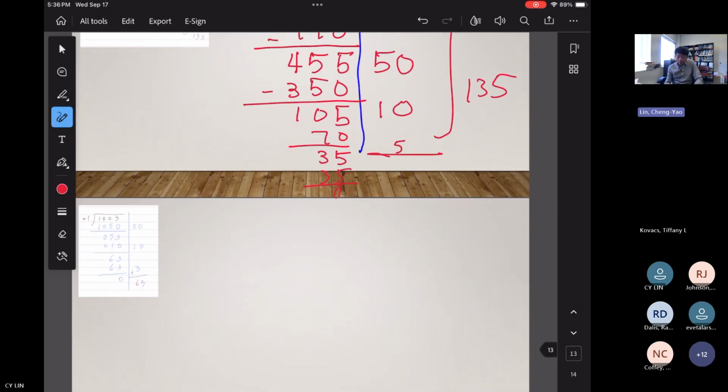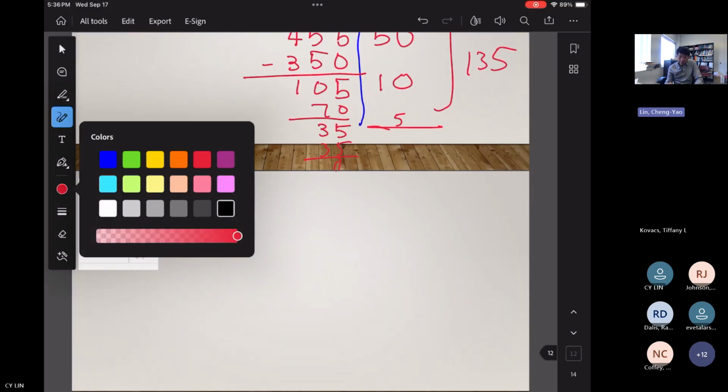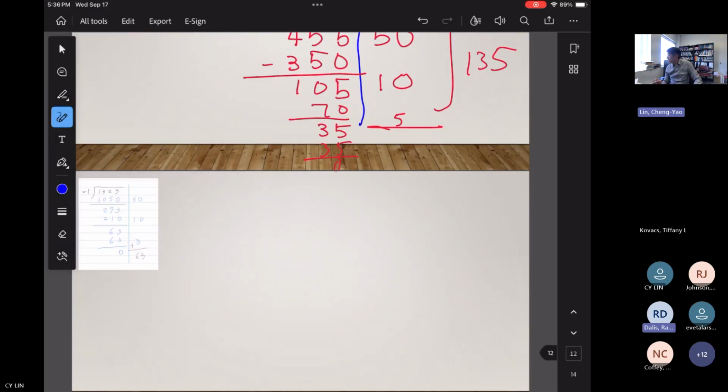Okay, how about we try another problem? And this time, you have a freedom of choice. 1,323 divided by 21, you have more freedom in using the method, to choose the number you want.